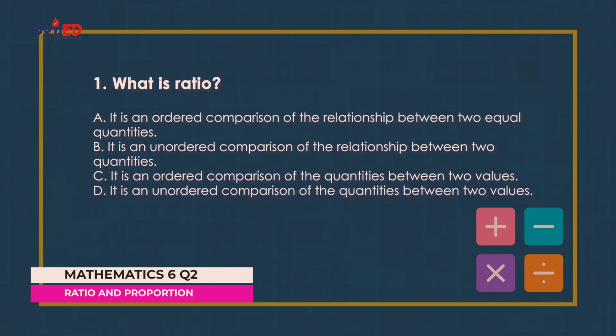Letter A. It is an ordered comparison of the relationship between two equal quantities. Letter B. It is an unordered comparison of the relationship between two quantities. Letter C. It is an ordered comparison of the quantities between two values. Or letter D. It is an unordered comparison of the quantities between two values.